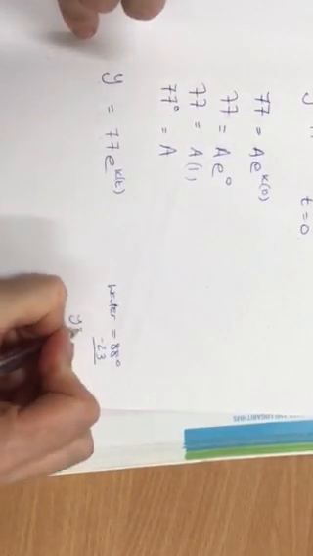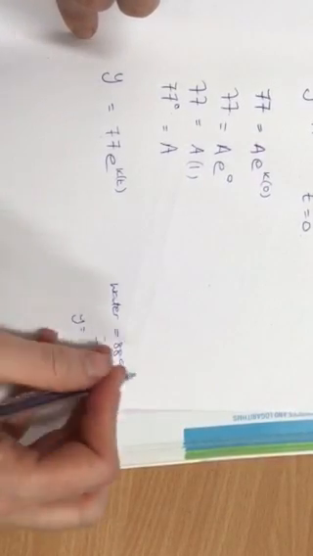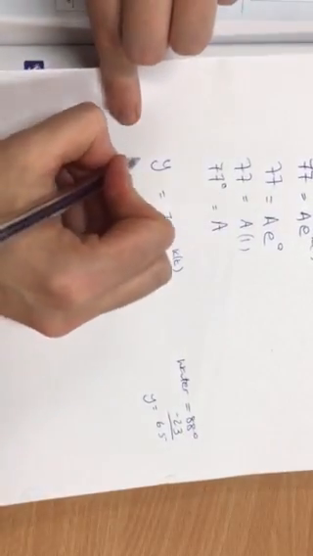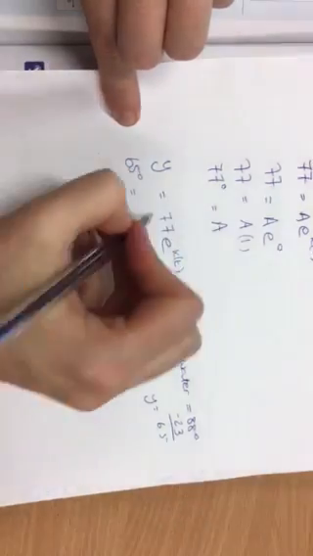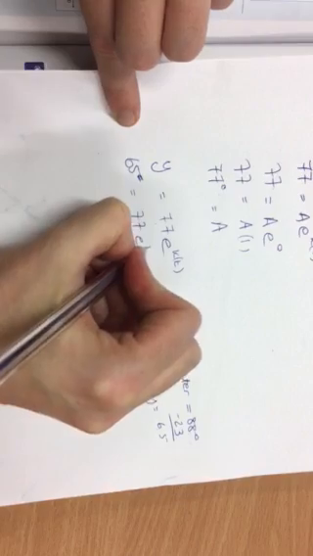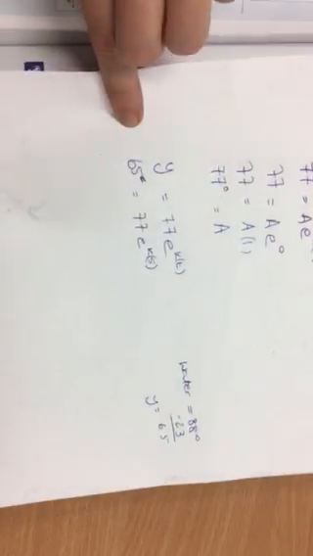So when T is 5, Y is 65 degrees. So 65 is equal to 77 times E to the power of K times 5.